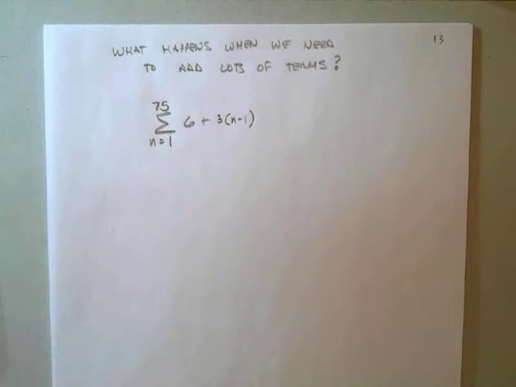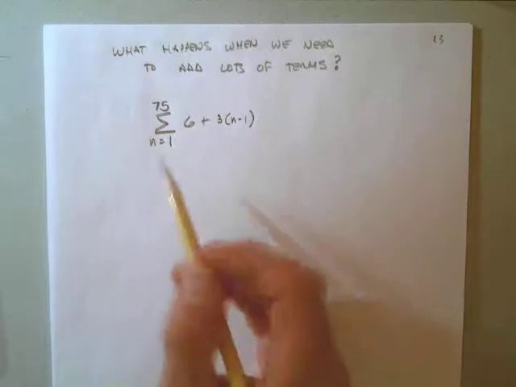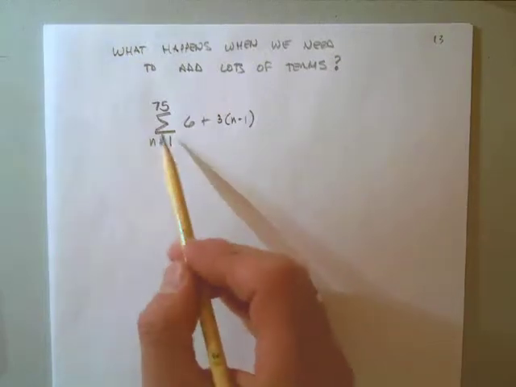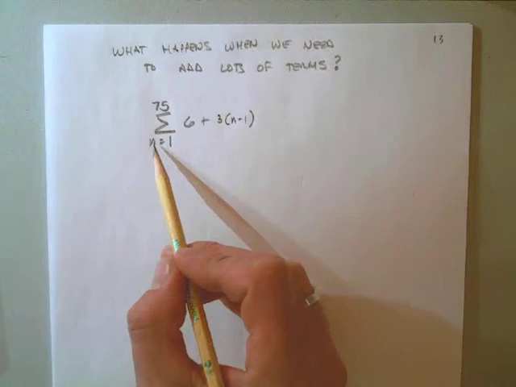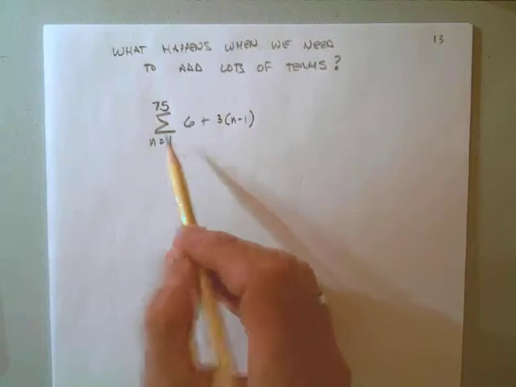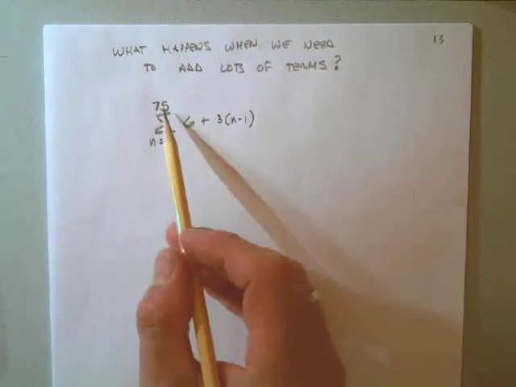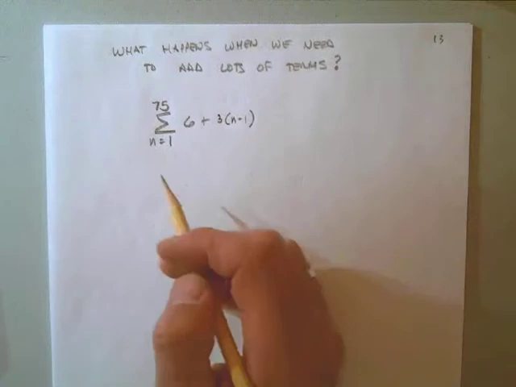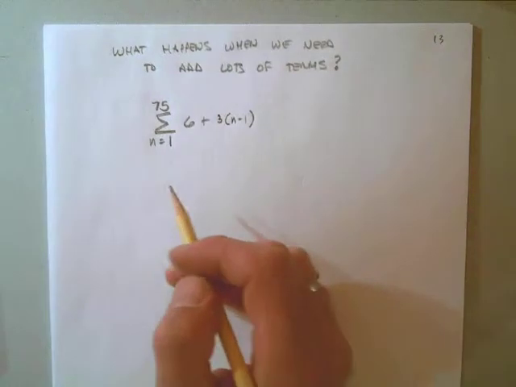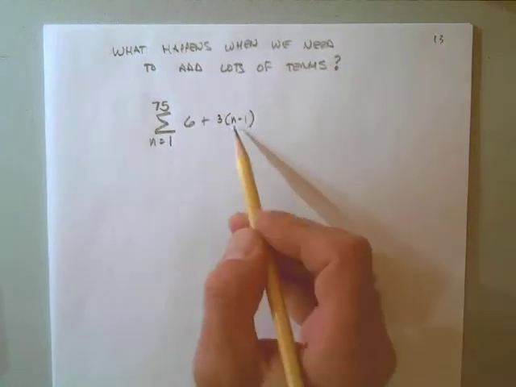What happens when we need to add lots of terms in a series? For example, we have a problem here that says we want to sum from n equals 1 through 75. That means 75 terms that we need to add up of this sequence.